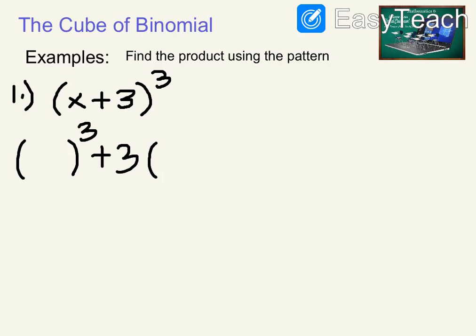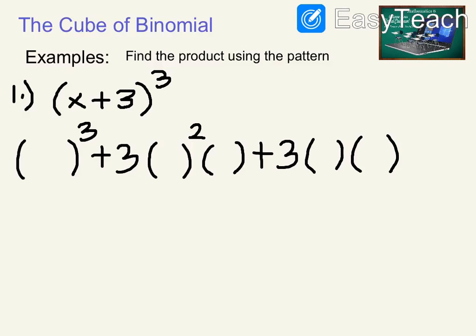Okay, and then you're going to square the first term, multiplied by the second term, plus thrice the first term, but this time you're going to square the last term, and then plus you're going to raise the last term to the third power. Okay, now that is the pattern.